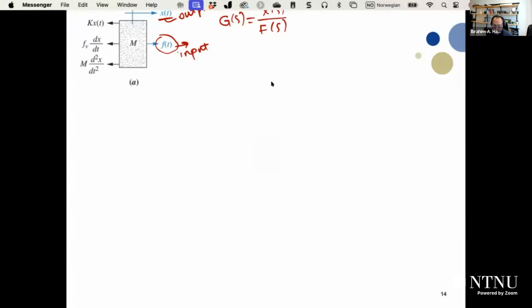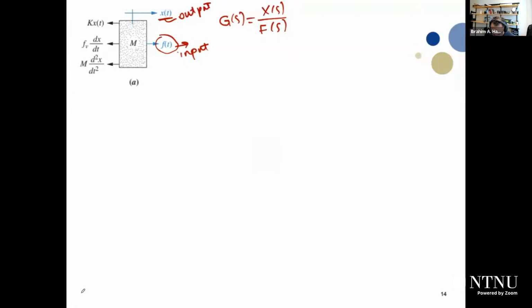So now let us solve this problem one more time. We will draw the free body diagram and we will put it in the S domain. It will be like this one. Imagine that we are moving this object M to the right hand side. So I will apply force F of S and I will try to move it in that side, so it will move with a distance X of S. When we try to do this, there will be some forces which will resist me.